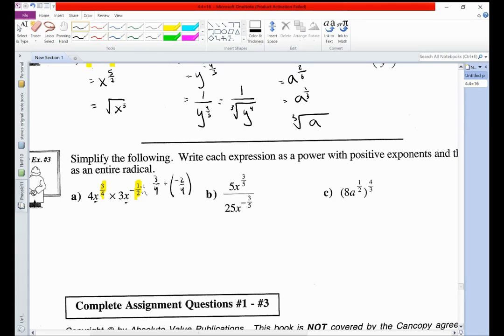And then 3/4 plus negative 2/4 gives us 1/4. So we're going to have x to the power of 1/4, and then we have 4 times 3, which gives us 12. So that becomes 12x to the power of 1 over 4, and then we can write that as 12 times the fourth root of x. Done.